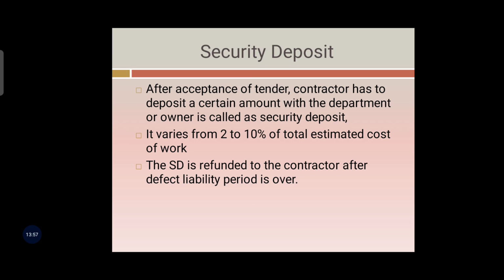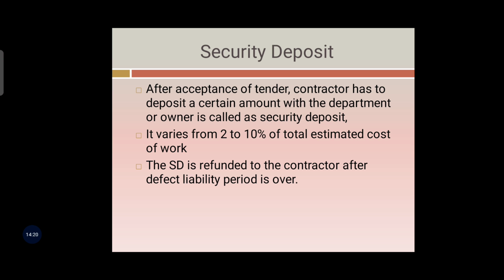Now the next one is security deposit. When the tender of a particular contractor is accepted, he is asked to deposit a further amount with the department varying from 2 to 10% of the total estimated cost.